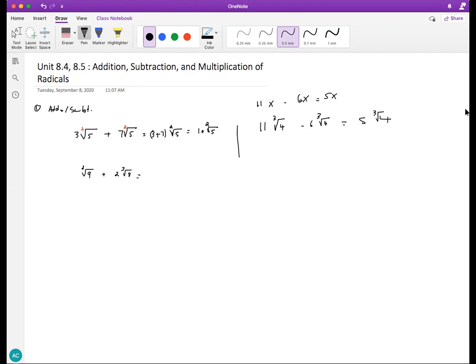If we can't add these right away, then we're going to try to simplify them, and possibly be able to add them at the end. This is radical 9, index 2, or the square root of 9.